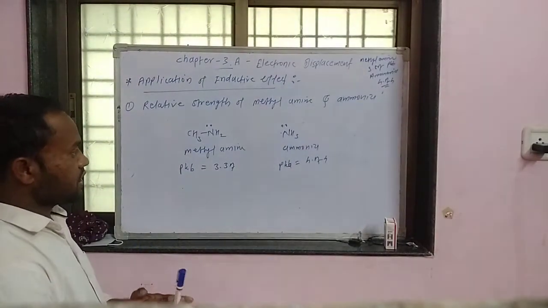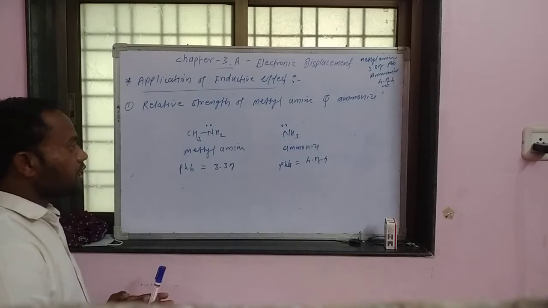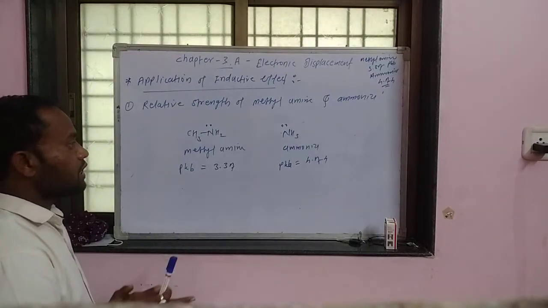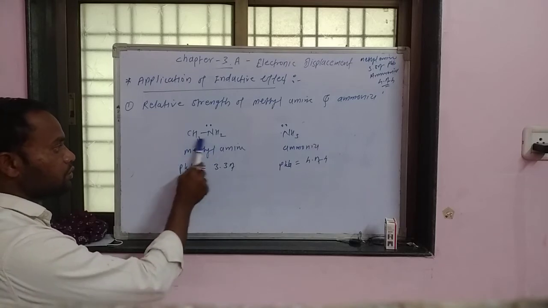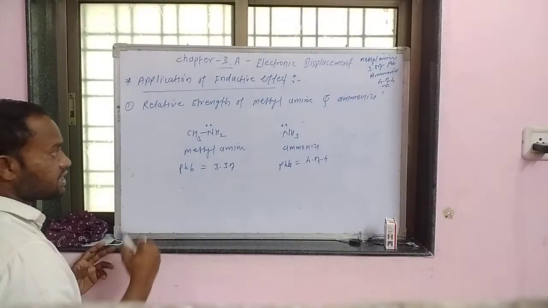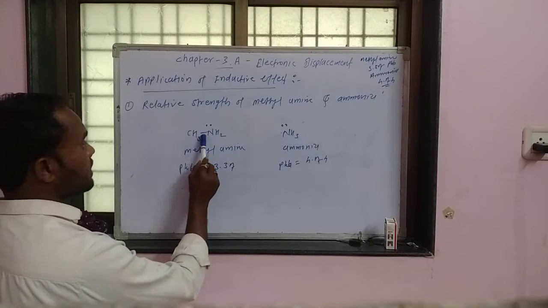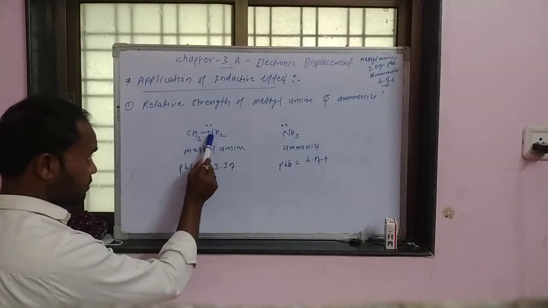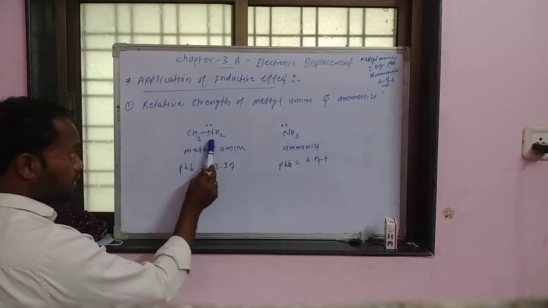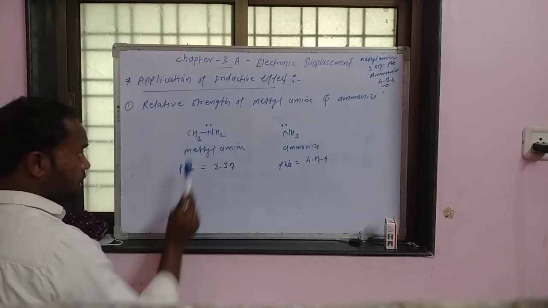Due to the electron releasing inductive effect of the methyl group, there is an increase in electron density on the nitrogen atom, which increases the availability of the nitrogen lone pair for protonation.